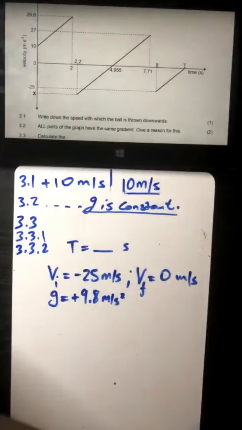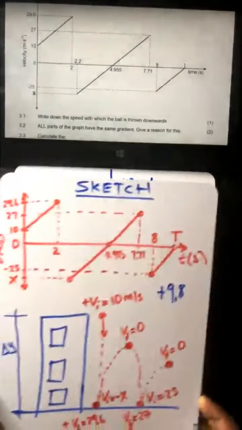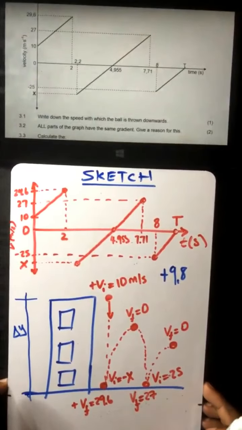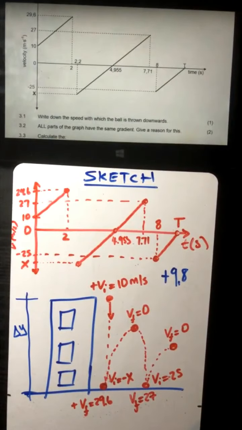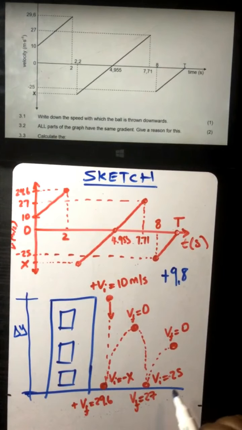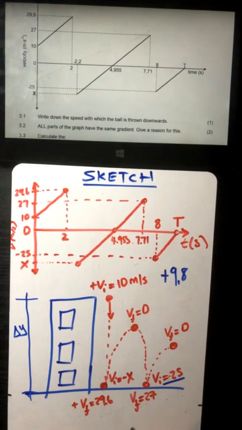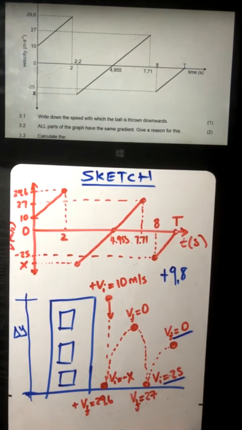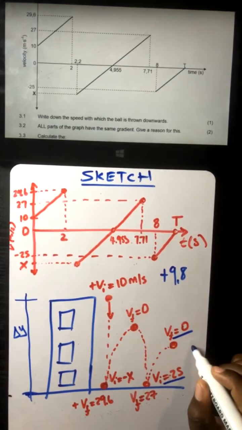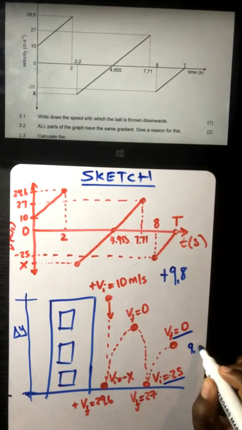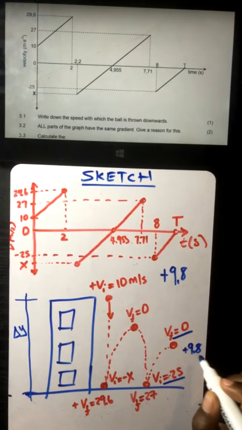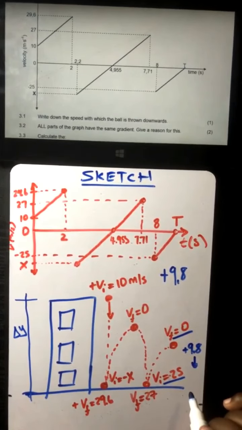to know that time t. So ladies and gentlemen, I'm not sure if I'm confusing any of you. This is the information that I'm gathering. V initial is negative 25, V final is 0. We know g is 9.8, which is positive because it's acting in the downwards direction.